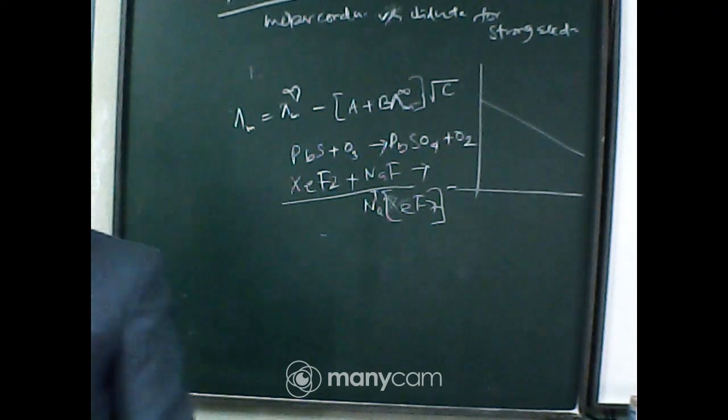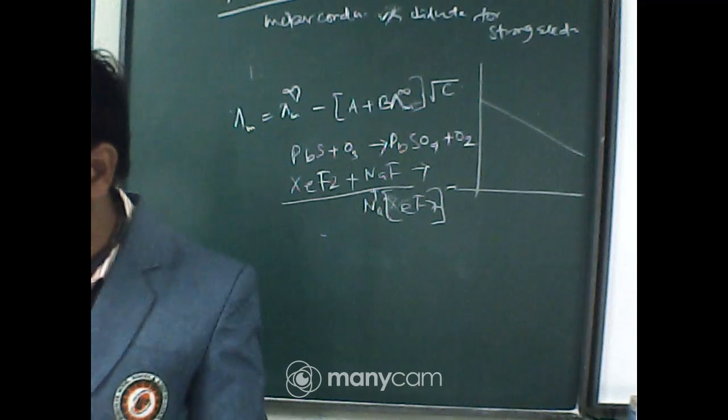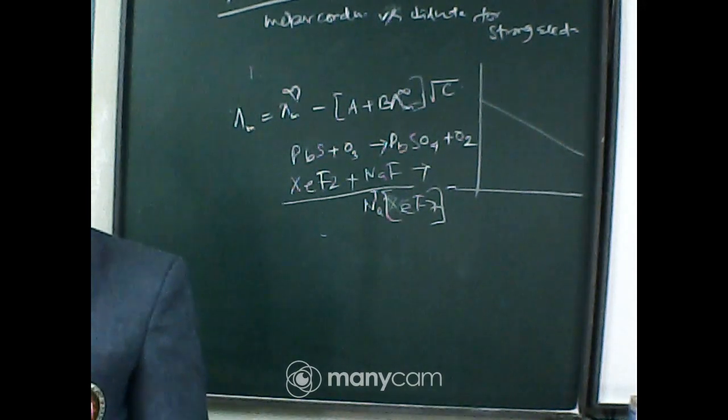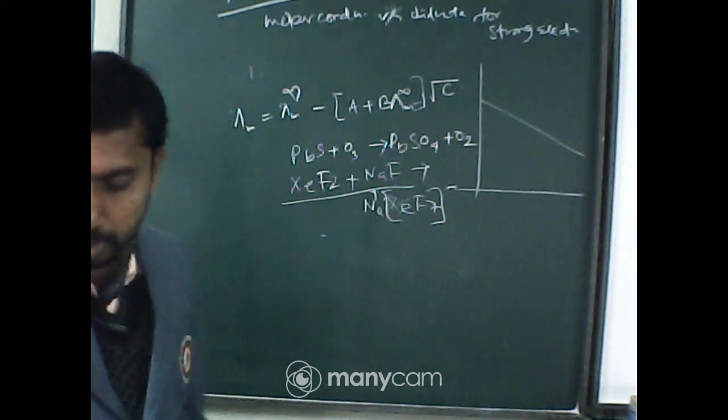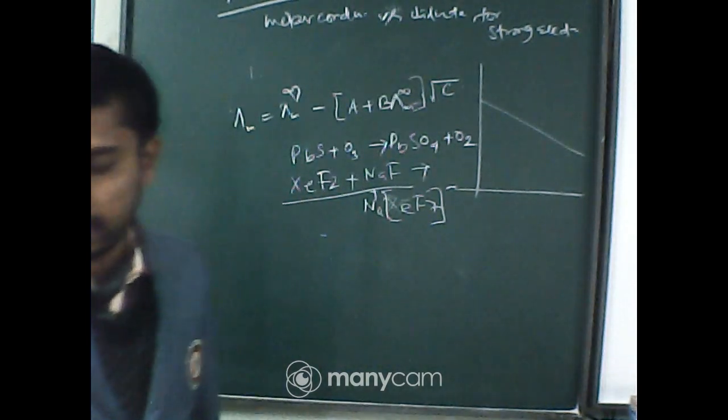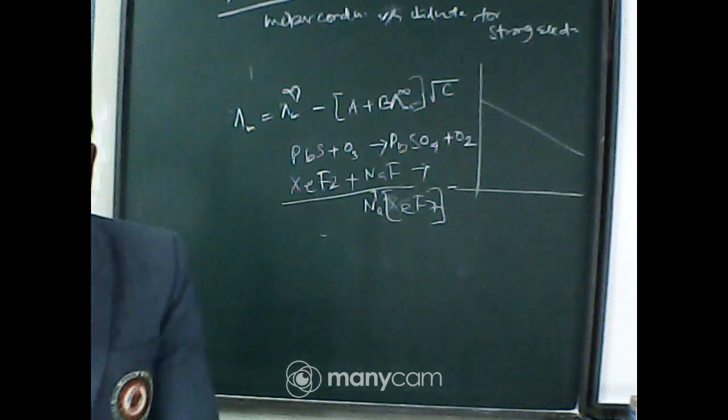Next, arrange the following in increasing order of the property indicated, giving reasons. Hydrides of group 15, boiling points. Group 15, that is the nitrogen group.